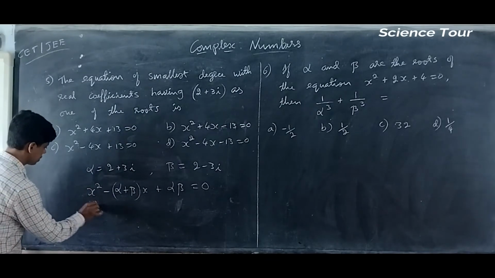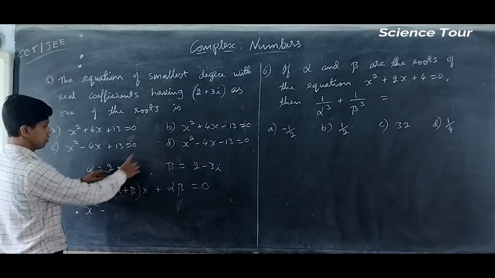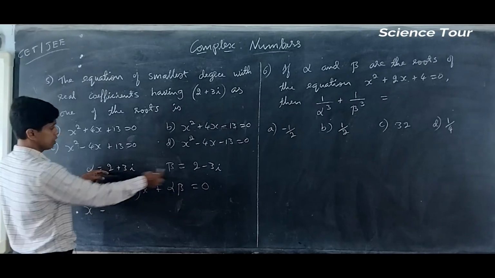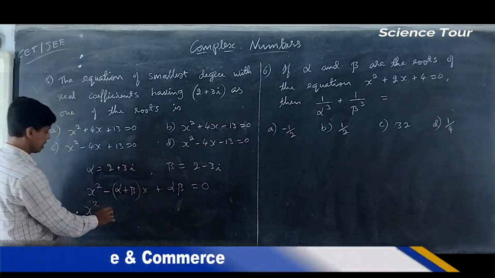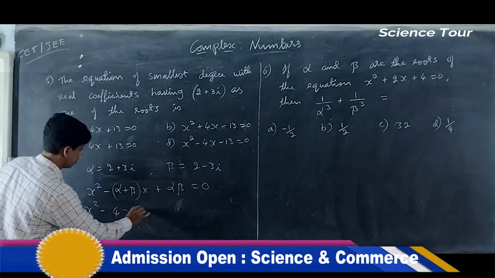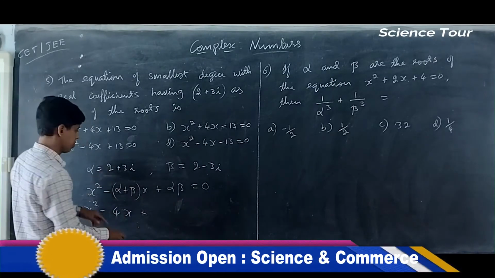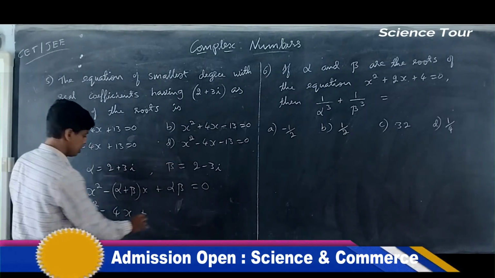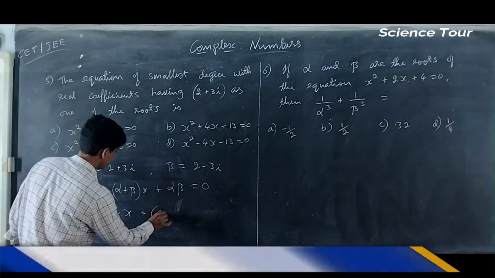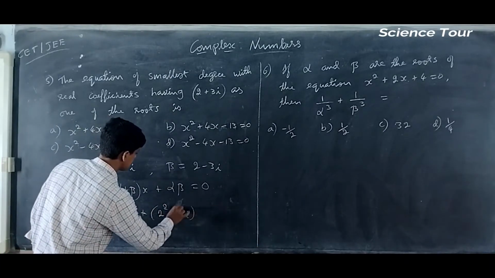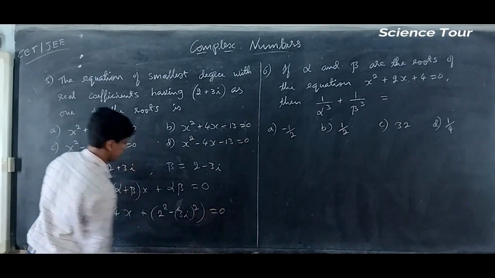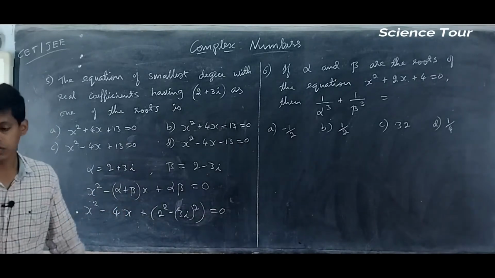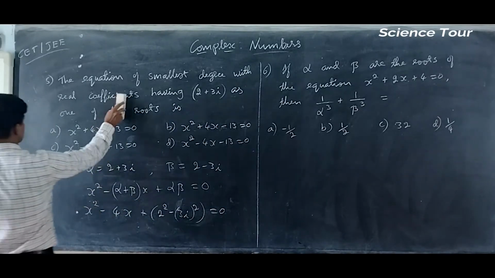So this is x square minus, see, if you add, what happens is 3i and minus 3i cancel, you will get 4, and if you multiply, this is a plus b into a minus b, so you will get 2 square minus 3i the whole square, right? So just work with this, you will get the right answer.